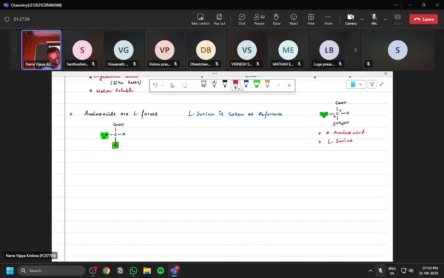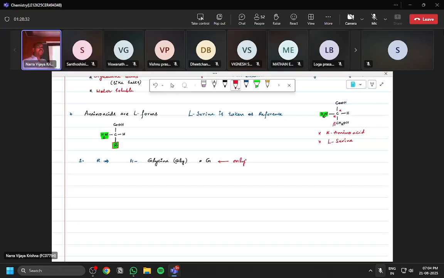If this R is hydrogen, then it is called glycine. GLY is the 3-letter symbol. The 1-letter symbol for glycine is G. This is the only optically inactive amino acid.